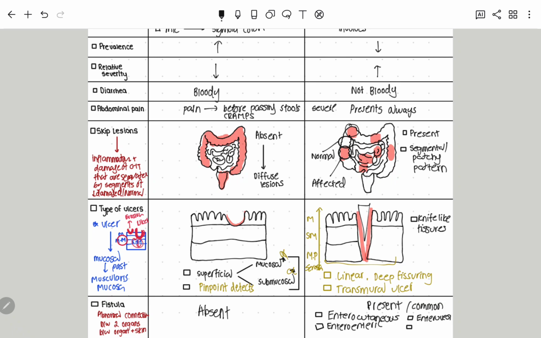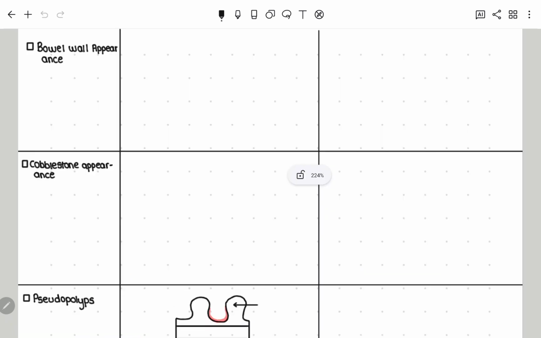Or in females, you can also have enterovaginal fistulas, and rectovaginal fistulas, only in females, sorry about that. So again, just think about the anatomy and all of the organs that lie close to the intestines and you should be able to formulate where the fistulas can form.